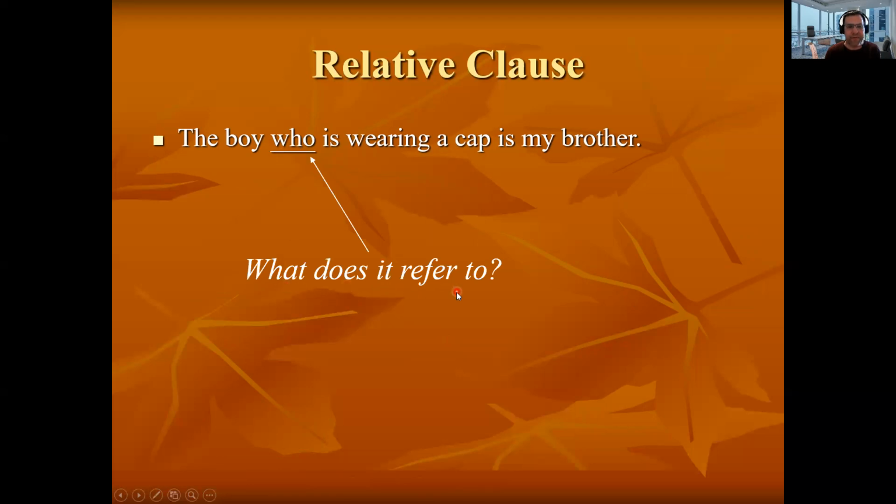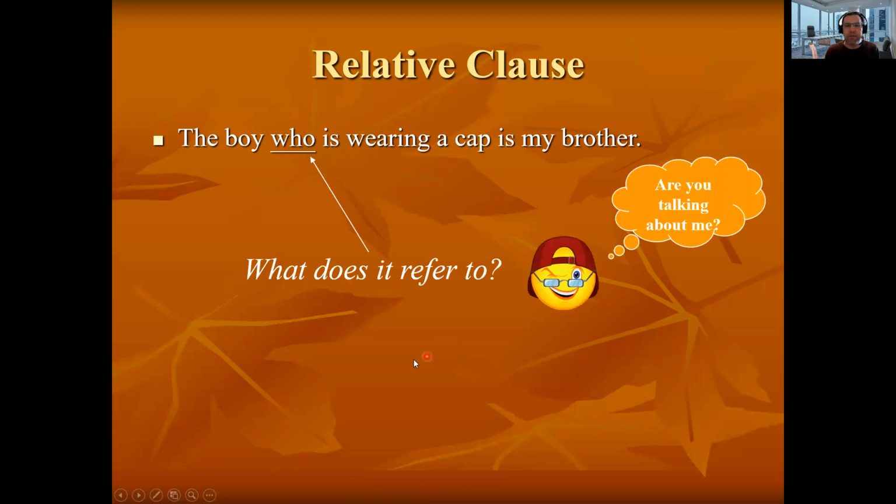What does it refer to? And as I said before, the relative pronoun and relative clause refers, mityaches, to the noun that comes before the relative pronoun. So the noun is boy, and who, and all the words after it, refer to this noun.